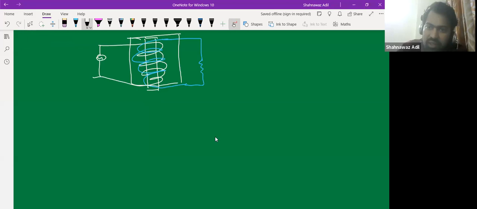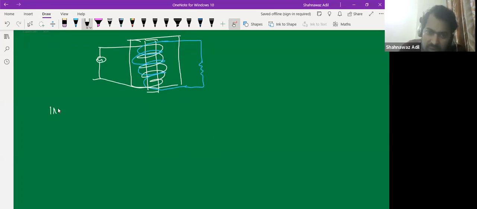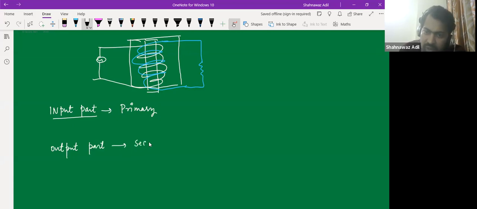One is the input part, which is the primary, and then we have the output part, which is this circuit. We can say primary coil and secondary coil, right?